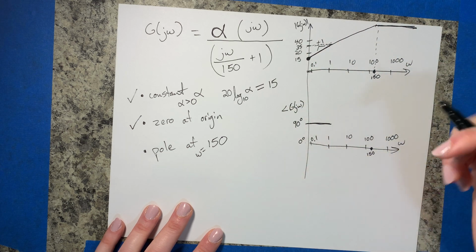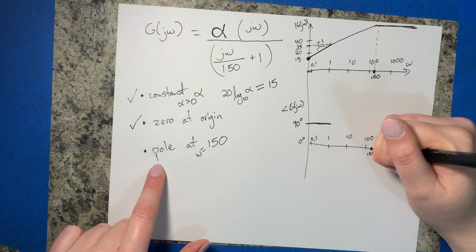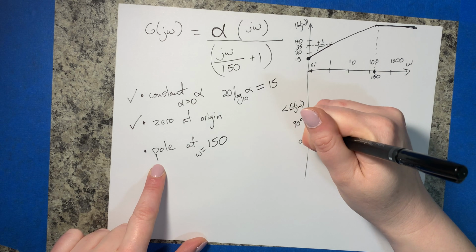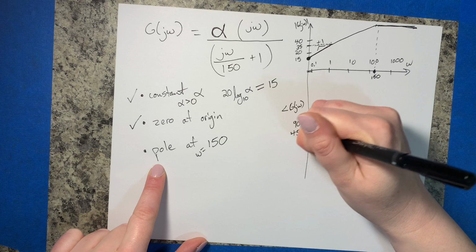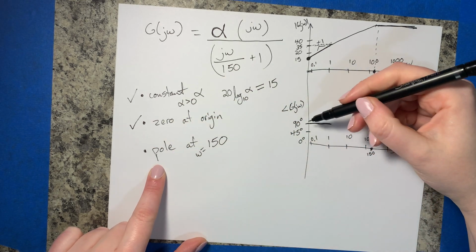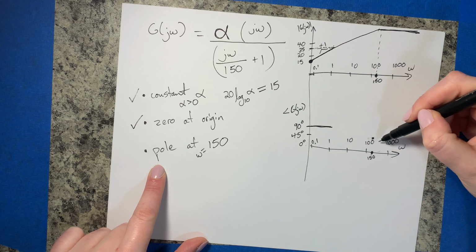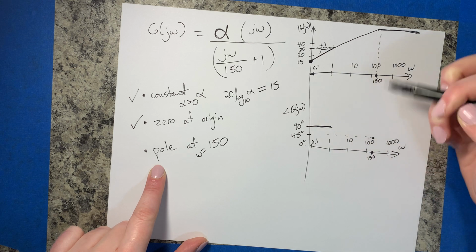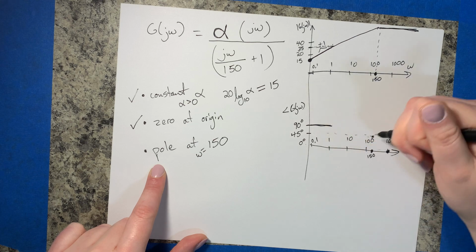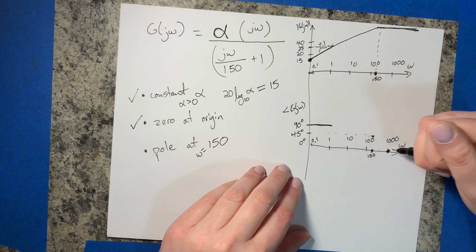For the phase plot, we have to achieve half of the effect of our pole at the frequency that it happens at. So that's 45 degrees because we have to decrease by 45. So the pole causes that minus 90 shift overall, but we're doing it across the decade. So we know we're going to be shifted minus 90 degrees at the end of the decade.